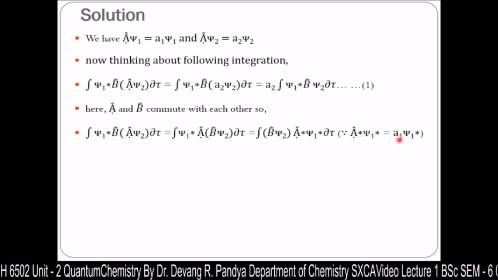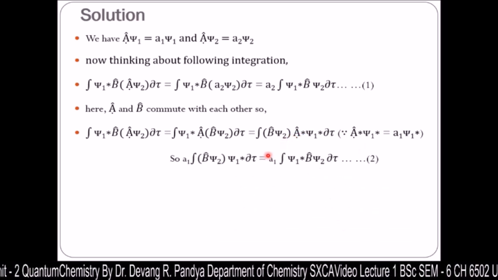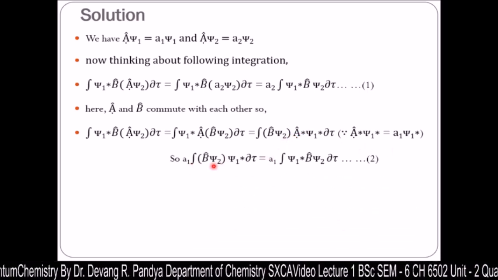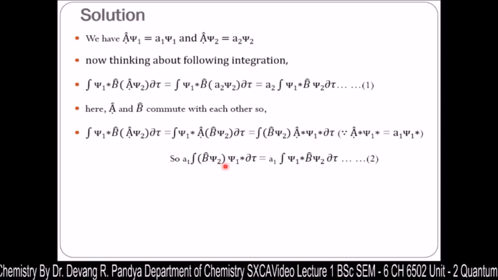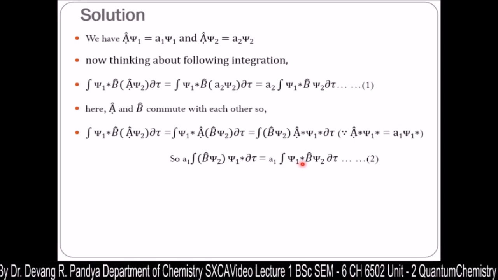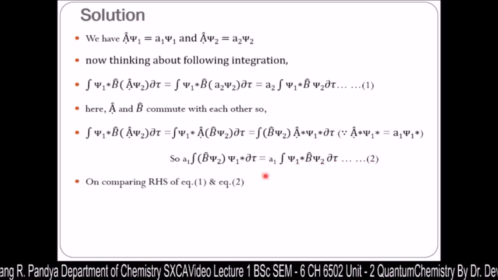A star psi 1 star is equal to a1 psi 1 star, that we can substitute over here. So a1, which is kept outside the integration, gives B psi 2 psi 1 star d tau is equal to a1 psi 1 star B psi 2 d tau. That is equation number 2.